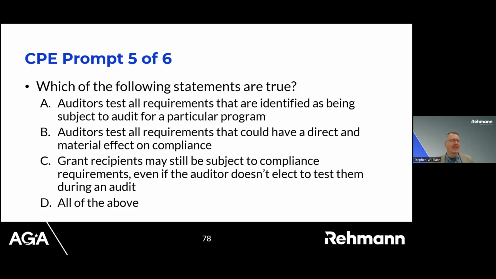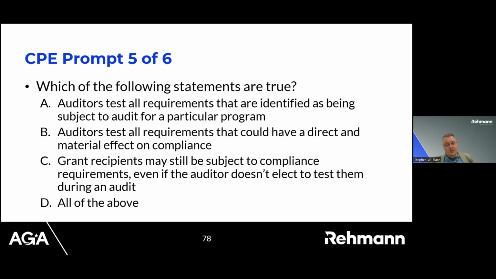This one is tricky. Read carefully. So let's walk down our list. Do auditors test all requirements that are identified as being subject to audit? Well, not necessarily, because just because it's subject to audit doesn't mean it applies to a particular auditee. And even if it did apply, it might not have a direct and material effect on it.